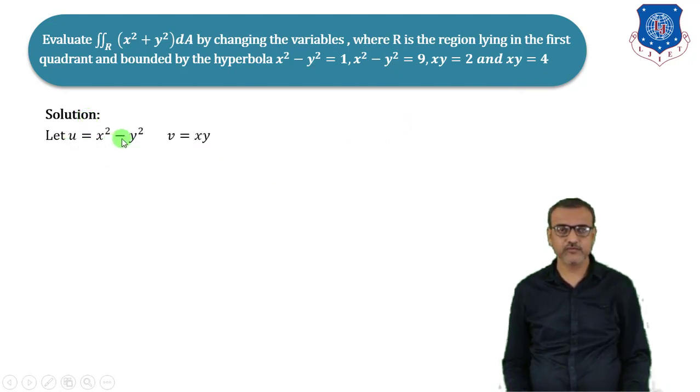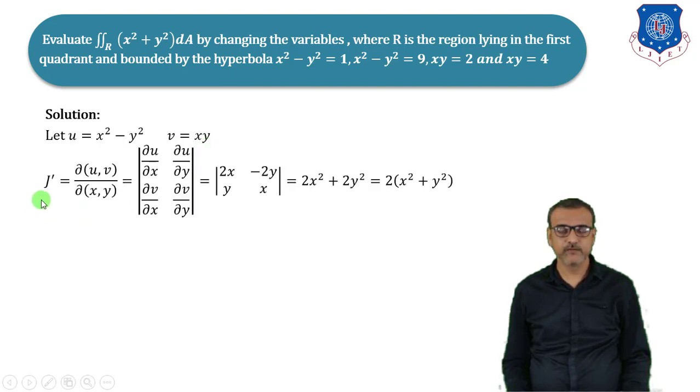Let u equal x square minus y square and v equal xy. So first of all we will find out J dash, that is equal to del of u, v with respect to x, y, and this is equal to del u by del x, del u by del y in the first row, and then after del v by del x and del v by del y in the second row.